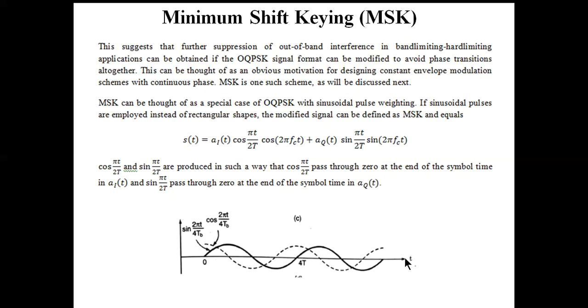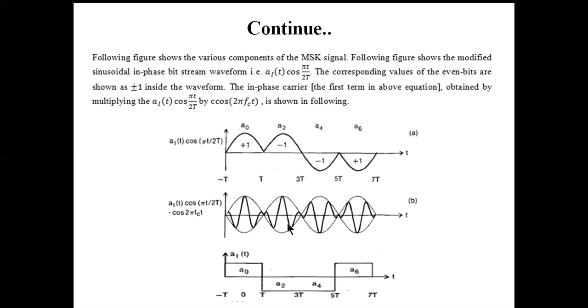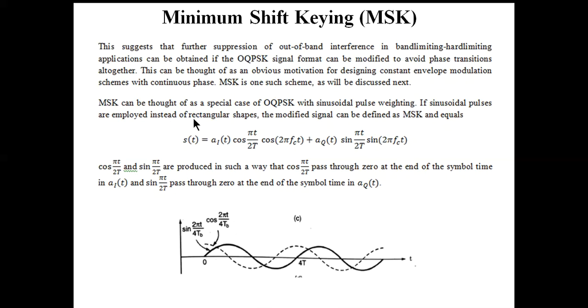Here sinusoidal pulses are used instead of rectangular shape symbols or bits, and the corresponding modified signal can be defined as the MSK, and it can be written as AI(t) cos(pi t / 2T) cos(2 pi fc t) plus AQ(t) sin(pi t / 2T) sin(2 pi fc t). Now cos(pi t / 2T) and sin(pi t / 2T) are used to produce sinusoidal-like symbols.